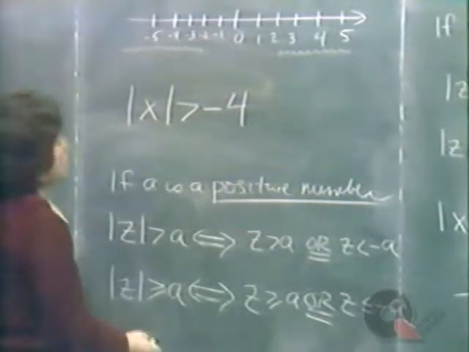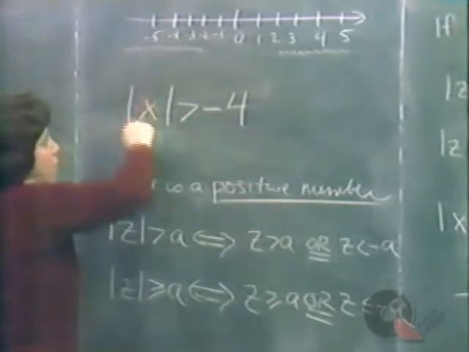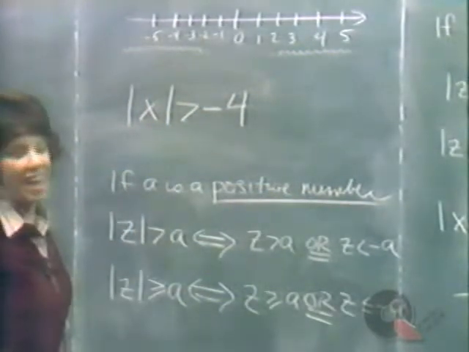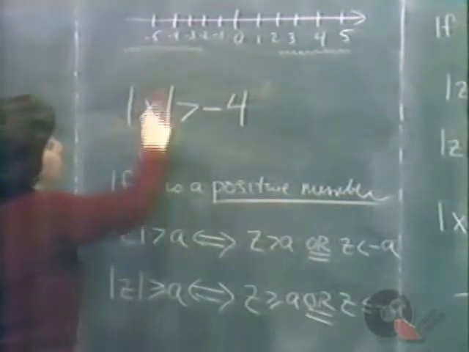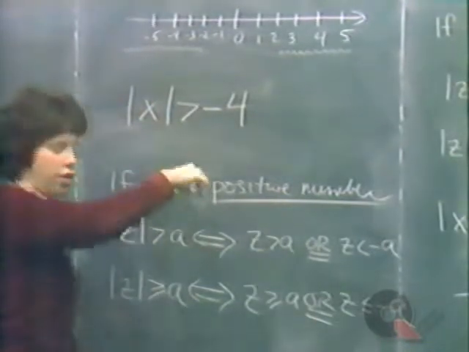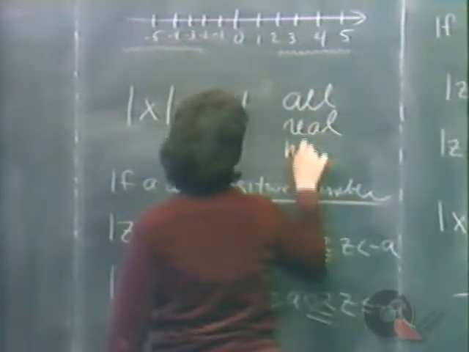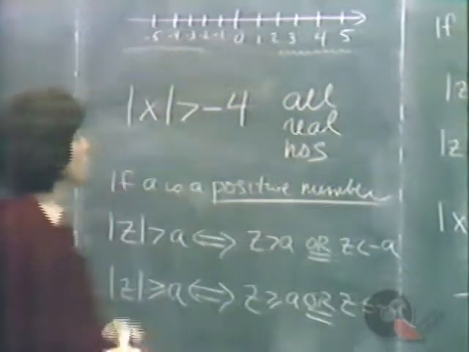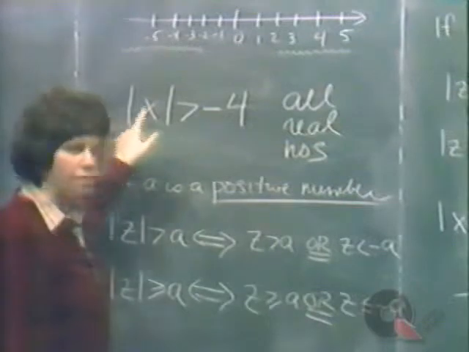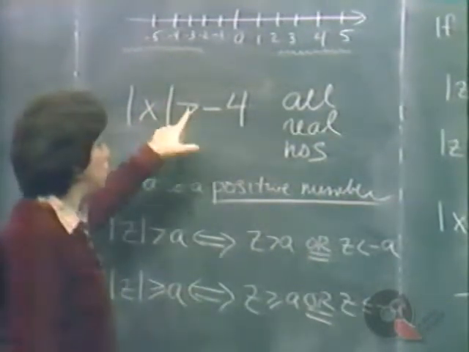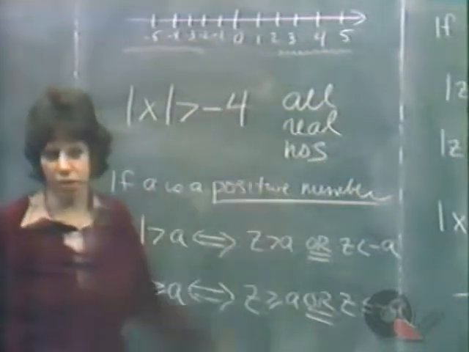For example, if you substitute in 1, the absolute value of 1 is 1. It's greater than minus 4. If you substitute in minus 10, the absolute value of minus 10 is 10. It's also greater than minus 4. All real numbers work because, as I mentioned before, the absolute value of a number is either 0 or positive. In either case, it's certainly going to be greater than a negative number.